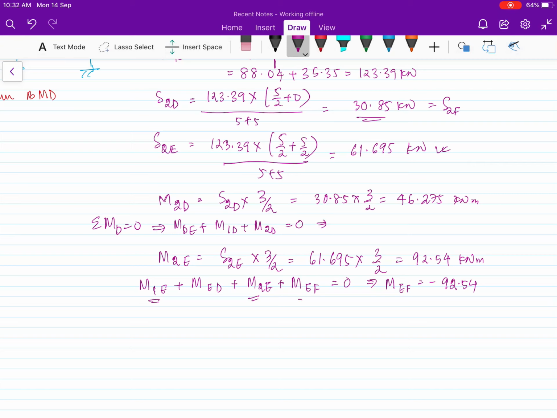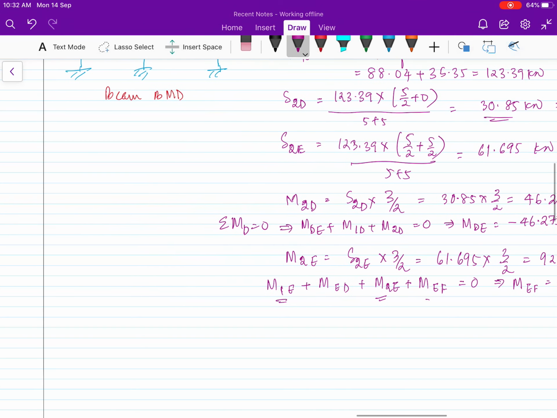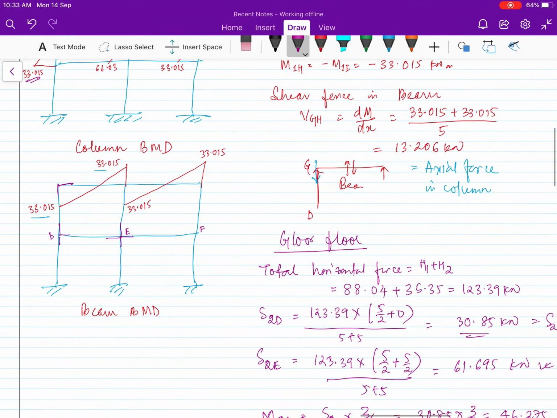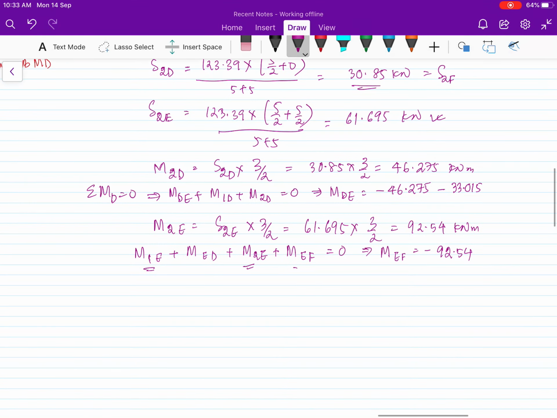Okay, so moment about DE will be minus 46.275 minus the above story moment 33.015. So before, you can see 33.015, and now we calculated the moment 46.275. So we will get minus 79.29 kilonewton meter.